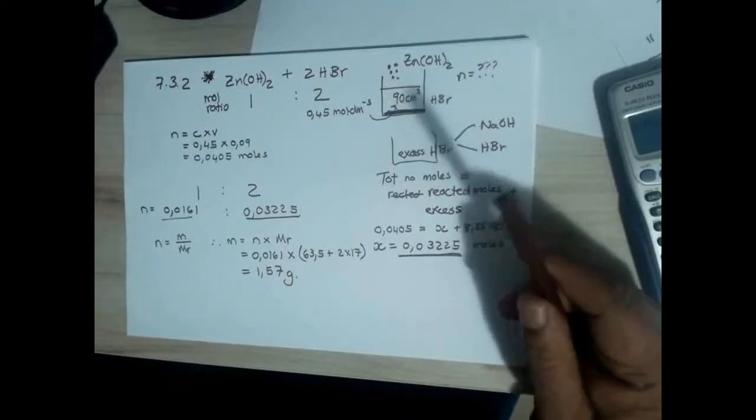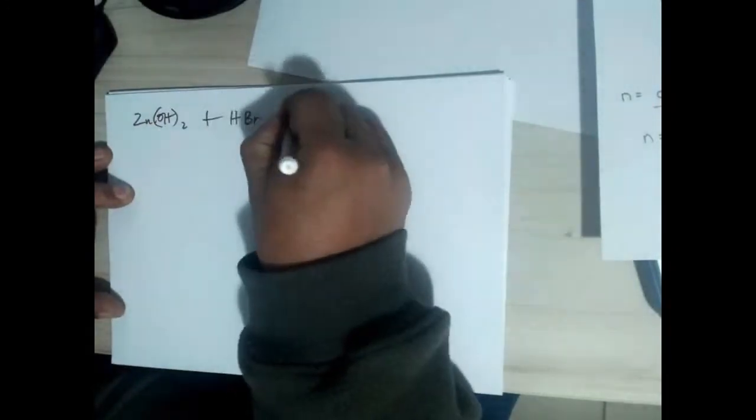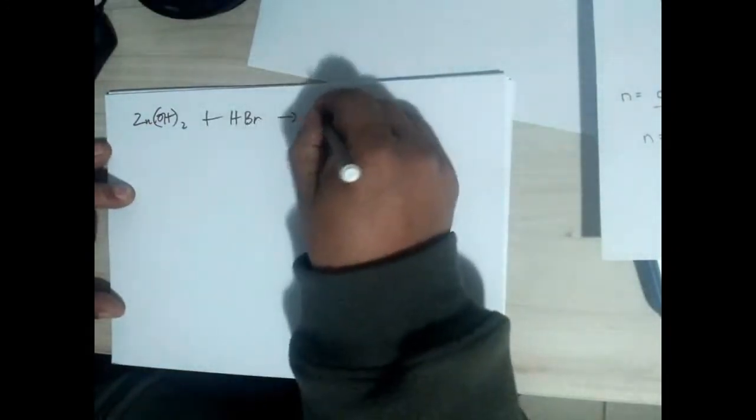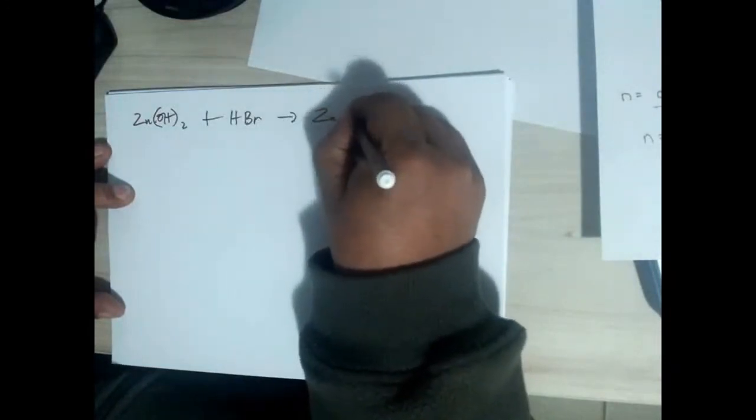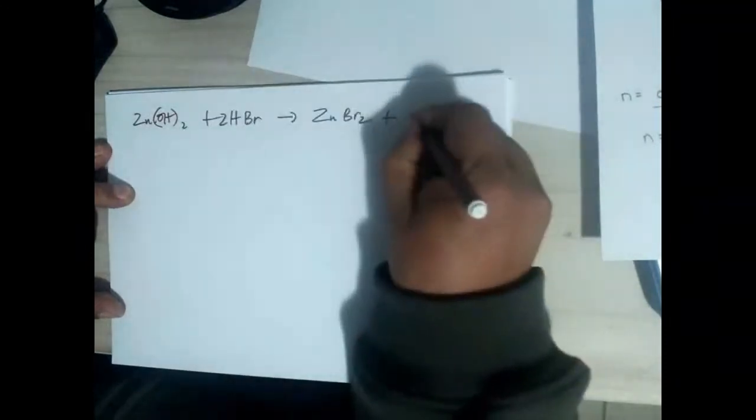And let me just run through this again. So you've got zinc hydroxide plus HBr goes to zinc bromide plus water. And if you put a 2 there and a 2 there, it's balanced.